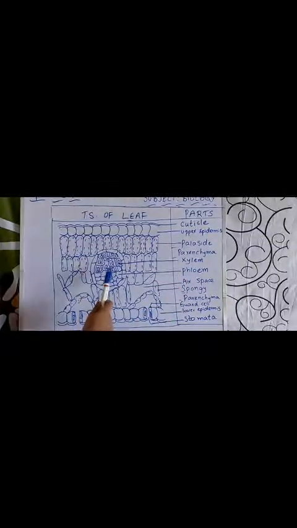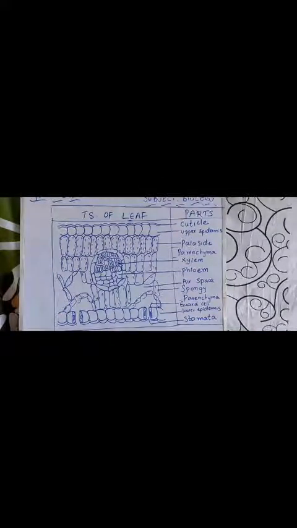Vascular bundles in the leaf are located in the midrib and the veins. In each vascular bundle of the leaf, phloem is located towards the lower side and xylem towards the upper side. Here you can see very clearly xylem and phloem in the vascular bundle. By seeing this transverse section of leaf we can understand the structure.